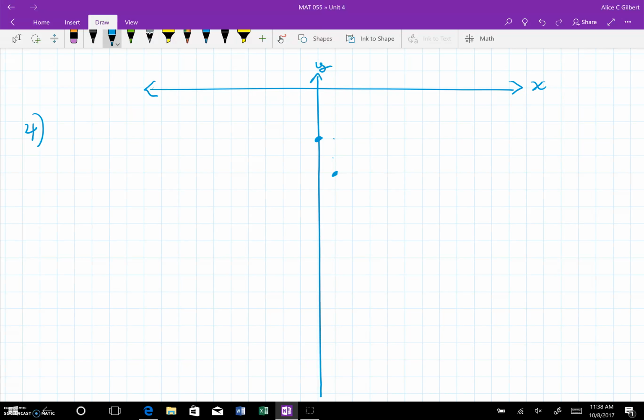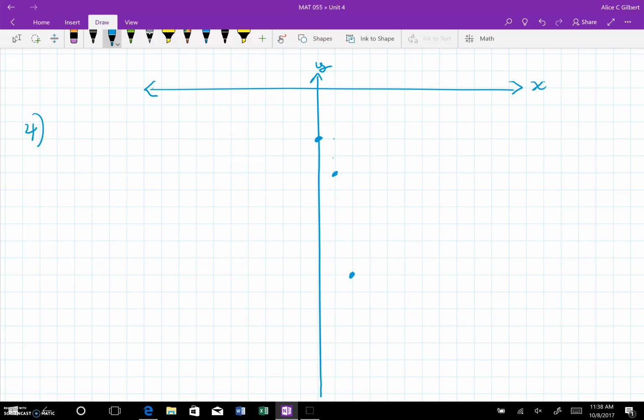Then normally in the parent graph, I go to the right 2 and down 4. But I need to take that 4 and multiply it by the 2, because that's what this is stretching by. So 4 times 2 is 8. So now I go down 8. 1, 2, 3, 4, 5, 6, 7, 8.